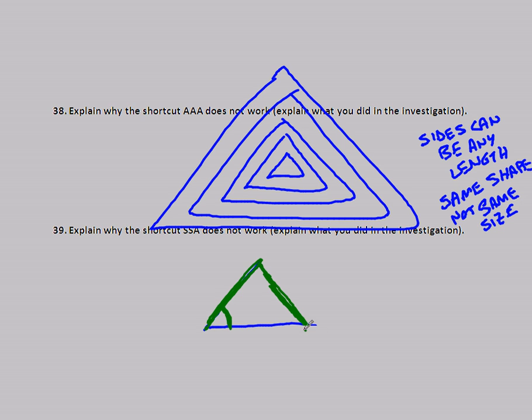Or if you swing it around, it could also hit at a second spot for some triangles as well. So kind of show this idea of swinging, talk about when you swing the piece of paper, swing the linguine around, why it does not work, just as you can get two possible triangles by swinging that leg.